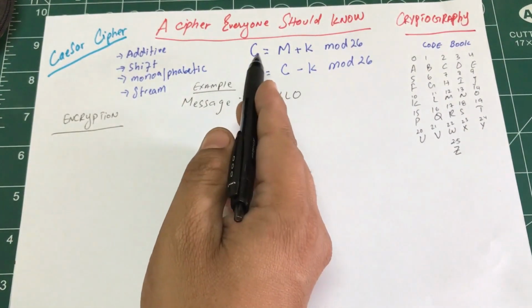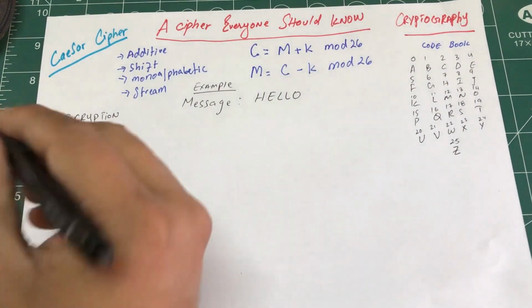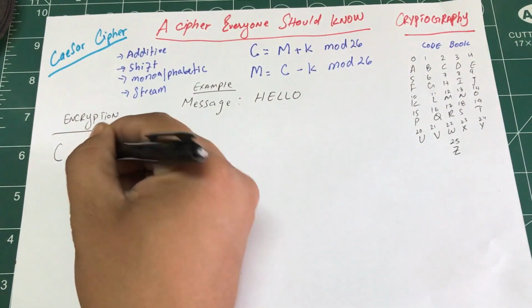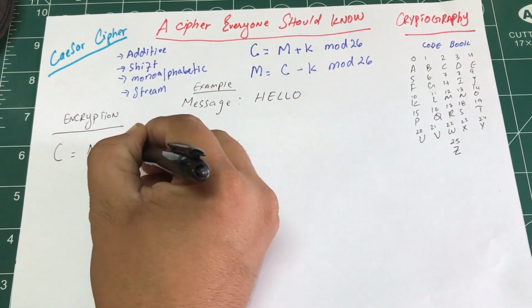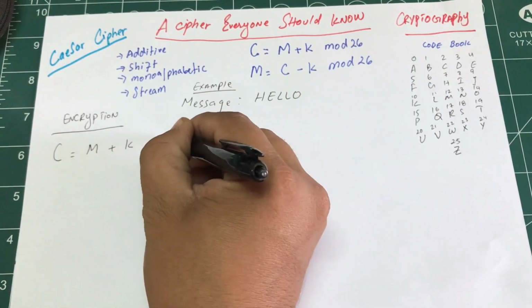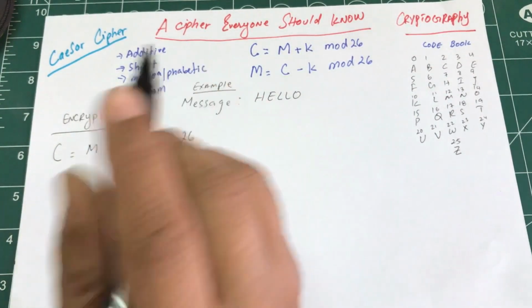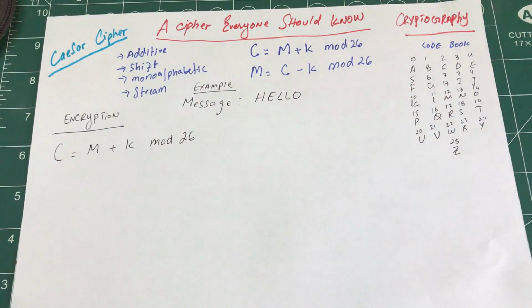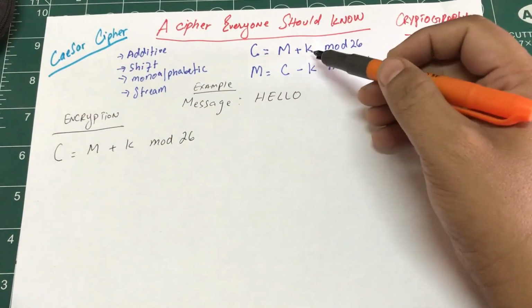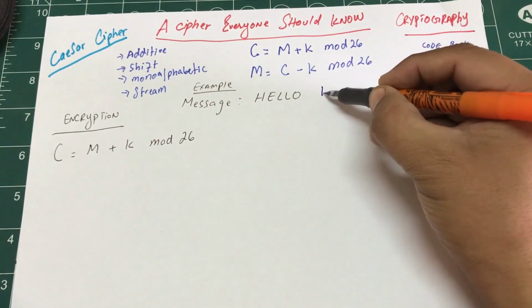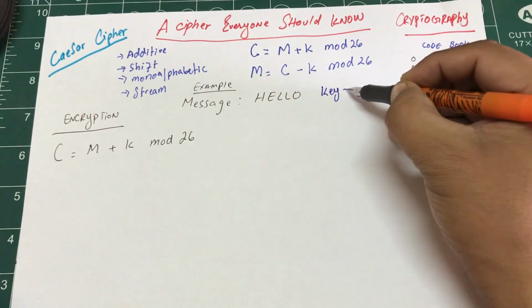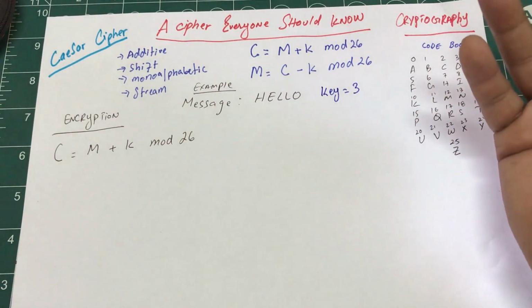The definition of ciphertext is C is equal to message plus key, mod 26. In the actual Caesar cipher, the key was 3, but you can choose any key you want.